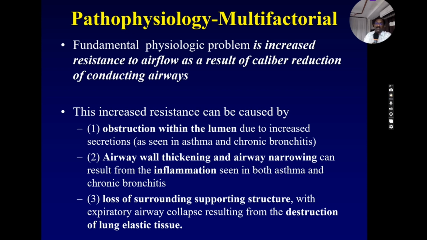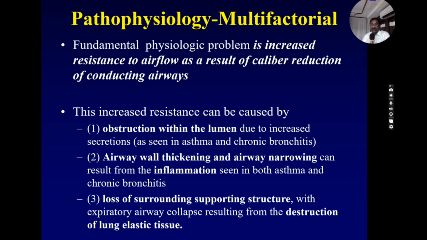Another cause is airway wall thickening and airway narrowing, which can result from the inflammation seen in both asthmatics and chronic bronchitis. So here not only is there lumen obstruction because of the secretions, the wall itself will become thickened because of the chronic inflammation. And then there will be loss of the surrounding supporting structure, with expiratory airway collapse resulting from destruction of the lung elastic tissue. You all know that the bronchi, bronchioles and alveoli are very elastic.